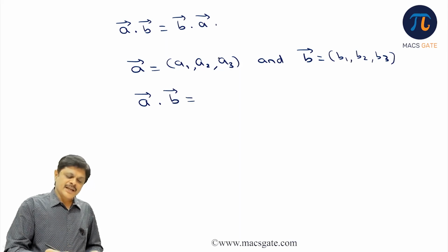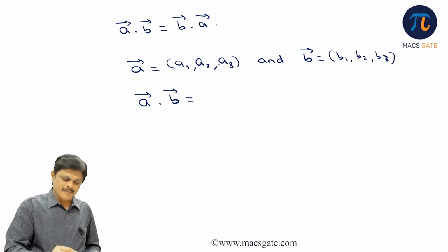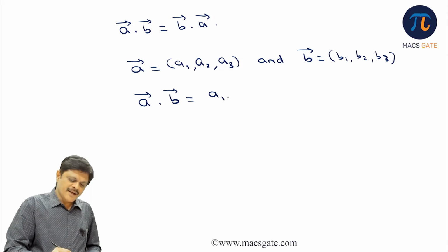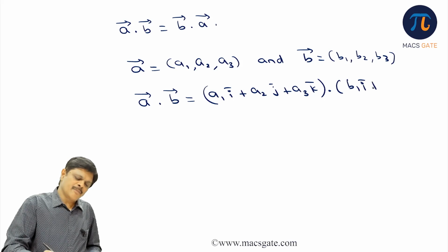See, when you multiply all these component wise, what happens? It's like A1 I bar plus A2 J bar plus A3 K bar, dot product with B1 I bar plus B2 J bar plus B3 K bar.